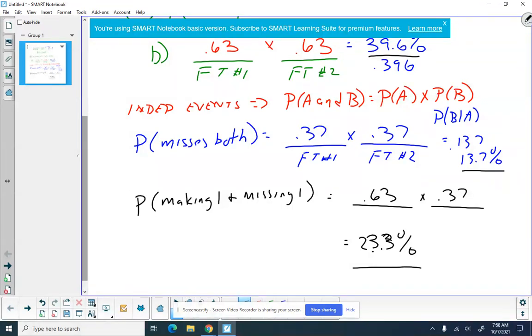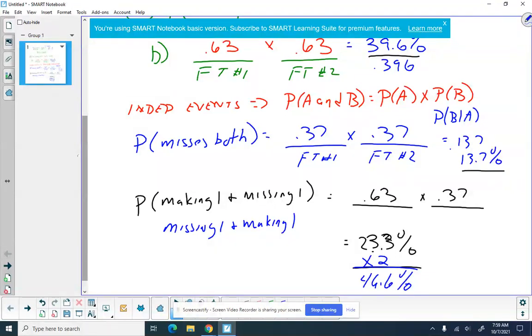That's correct. We had to take into consideration the full sample space, because all we were looking at here was making and then missing. So we have to multiply this by 2 to give us a 46.6% chance.